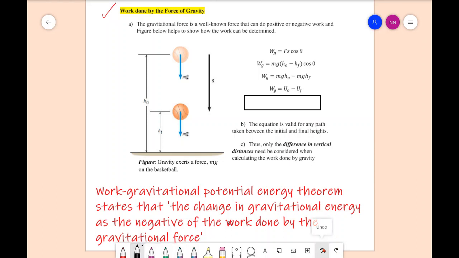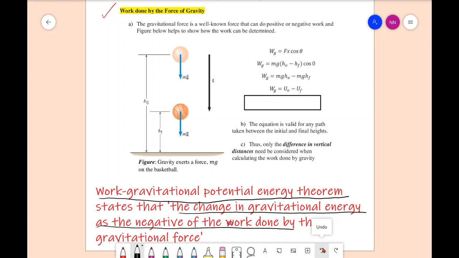The work gravitational potential energy theorem states that the change in gravitational potential energy is the negative of the work done by the gravitational force.